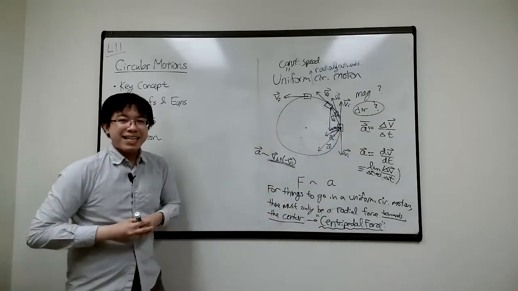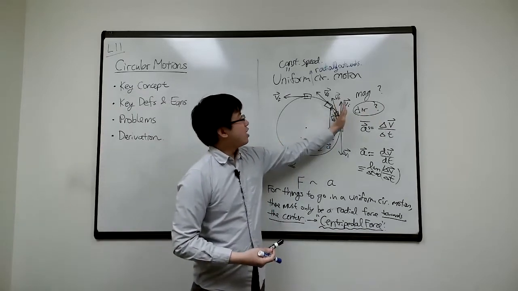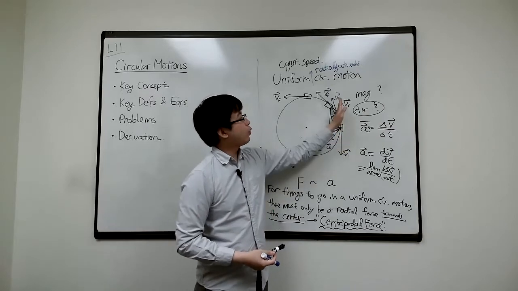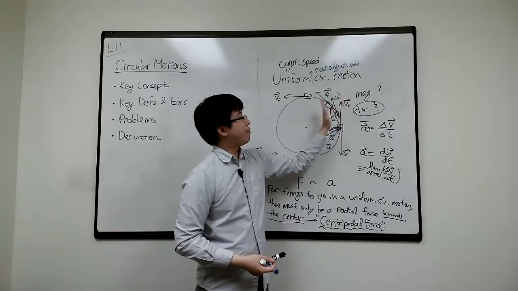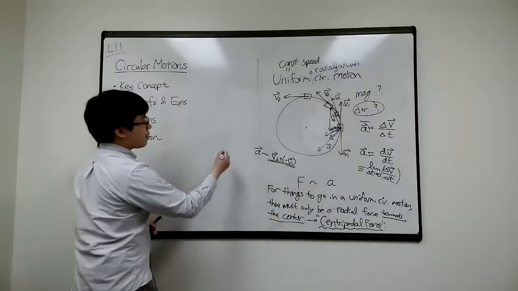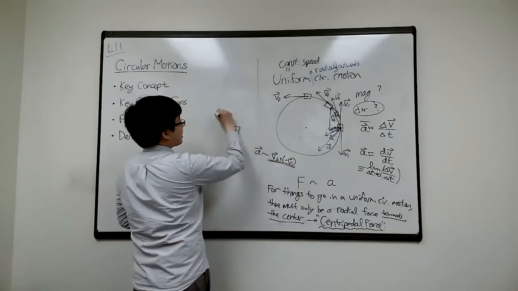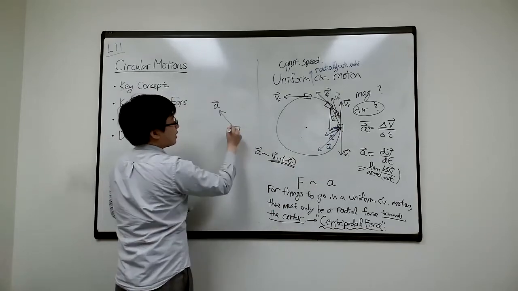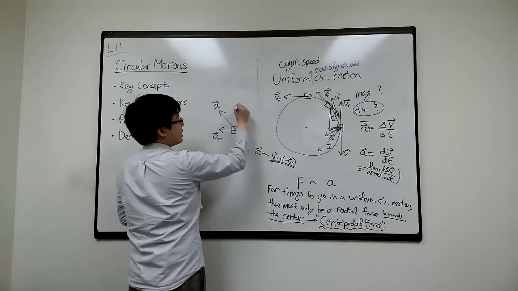Okay, so mathematically you see that, but what does that mean? That means that what the acceleration is doing is it's changing just the direction of the velocity vector. Okay, it's purely in this way. So just with the same way as force, if I have an acceleration that goes this way, then you can break it down into a radial part and a tangential part.